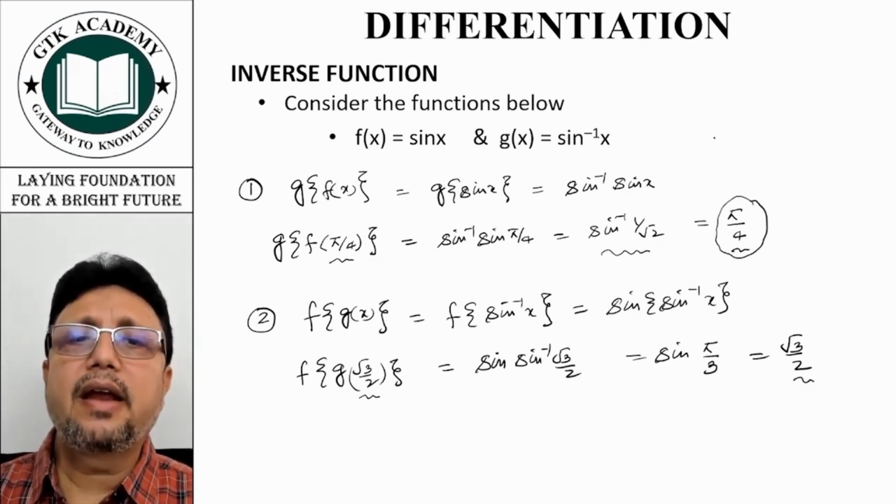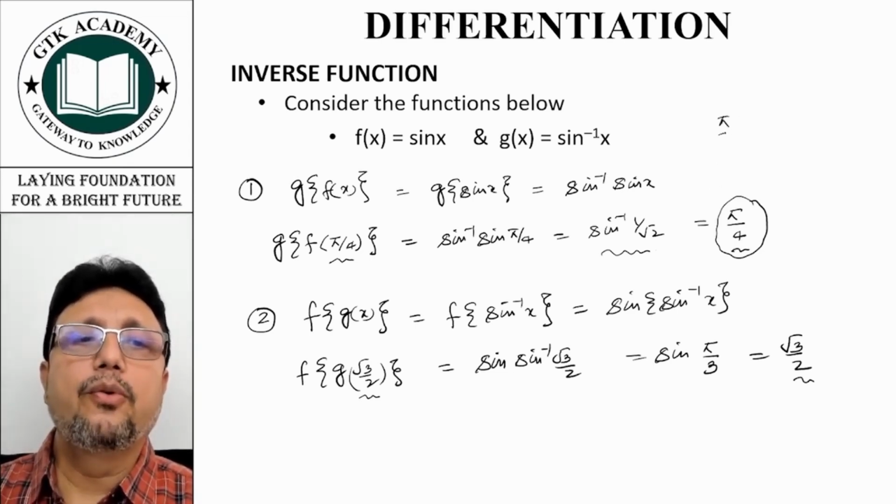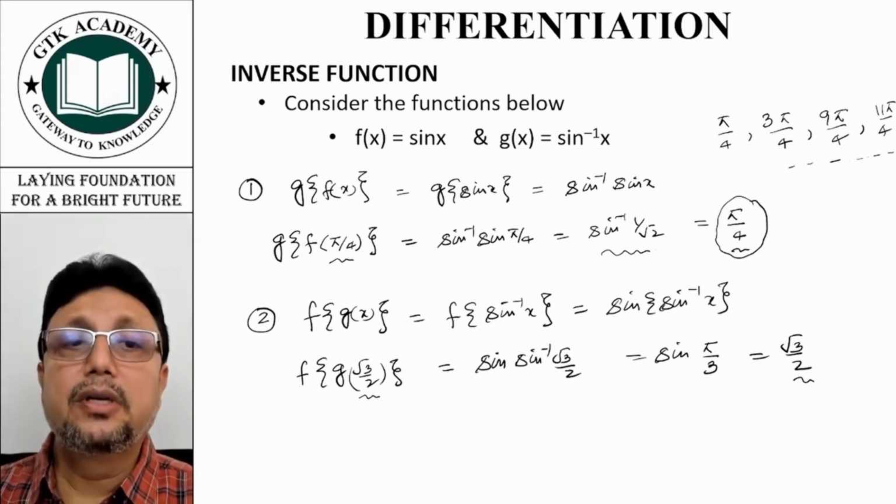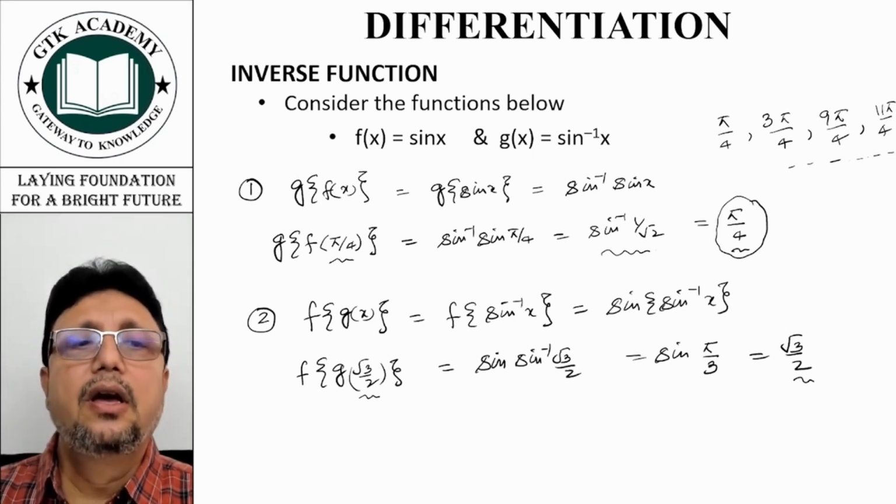But there are many other angles, infinite angles, whose sine is 1 upon root 2: 3 pi by 4, 9 pi by 4, 11 pi by 4, and so on. Hope I am correct in mentioning. Even if I commit any mistake, you just need to check it.